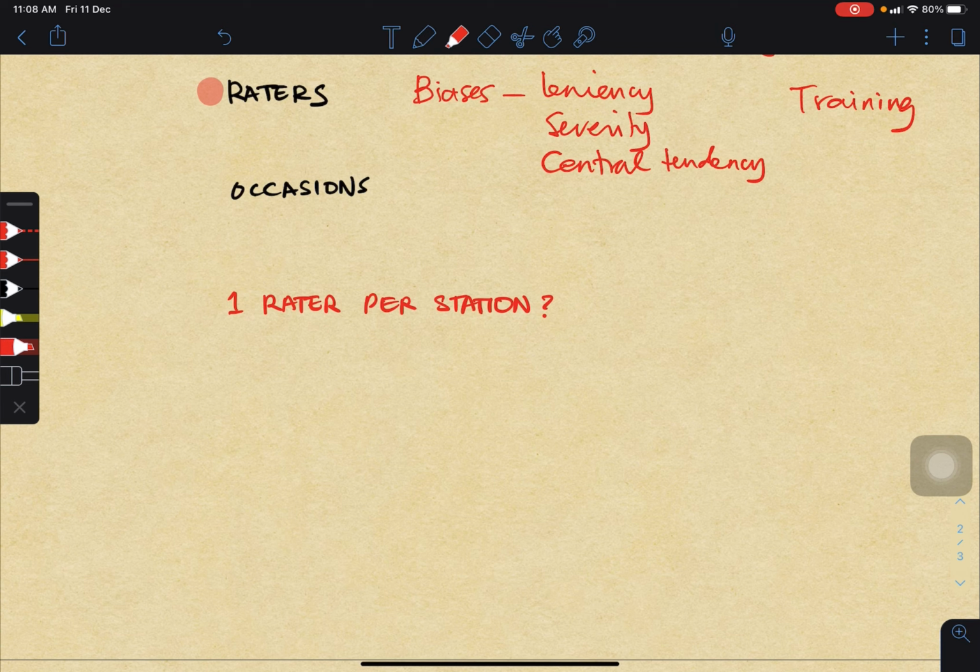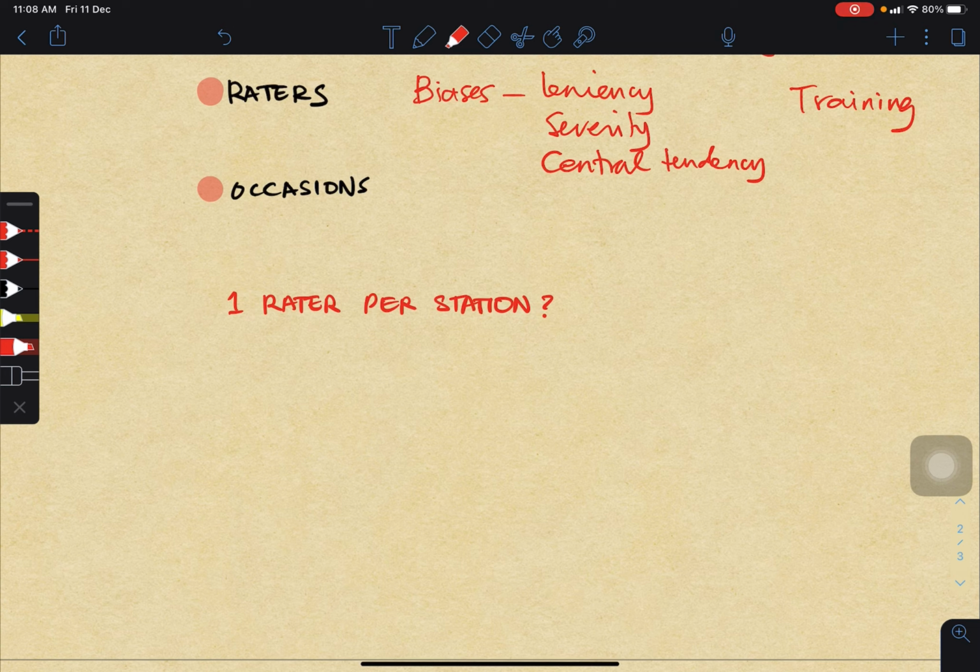Another source of variance that we might miss is that students' performance might differ depending on the occasion. You do it on a weekend, on the first day of the week, or on the last day of the week, and it might affect students' performance, especially if you repeat the same OSCE on different dates or in different locations.